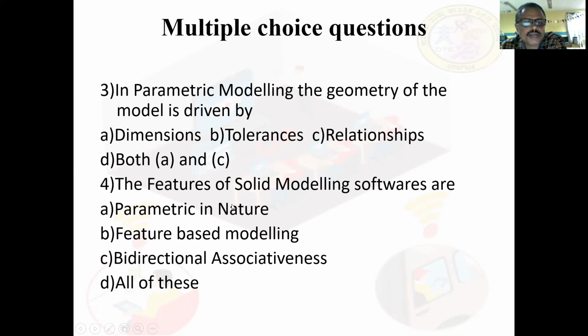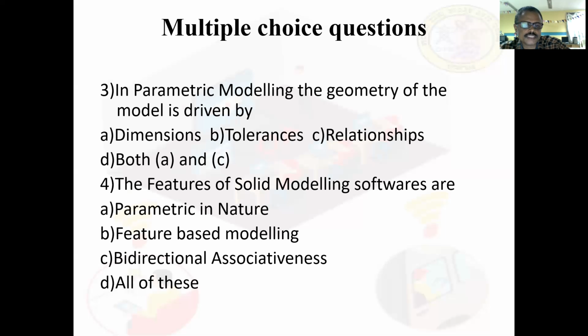We have understood what parametric modeling is, that is, the parameters will drive the design of the model. Feature-based modeling, we are able to change the design of the model at the feature level.